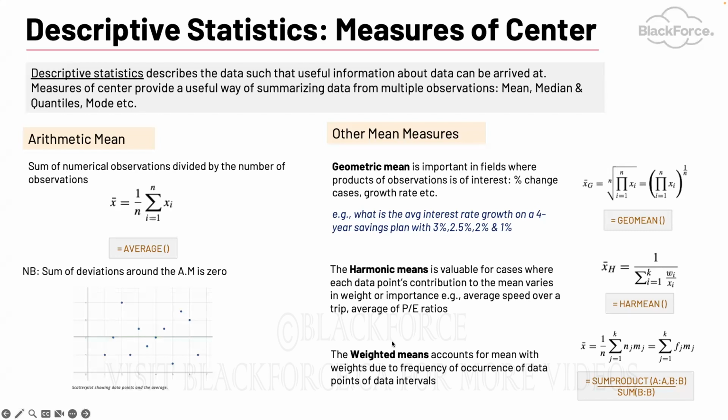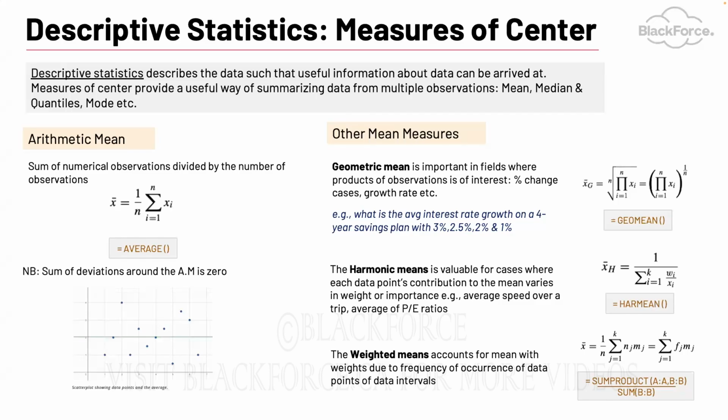Weighted mean. So with the weighted average here, you're assigning weights, and the weights could be assigned for different reasons, right? So for example, there's a typical calculation in credit cards where you want to get the average interest rate on a portfolio of different kinds of credit cards, right? So different interests apply to balances.